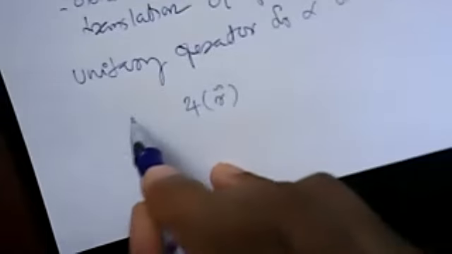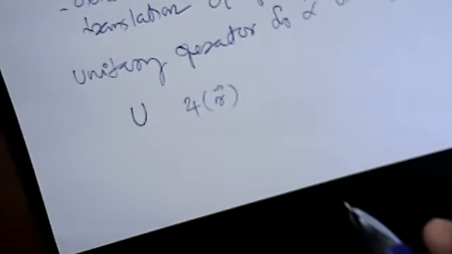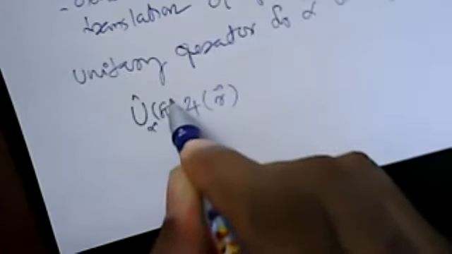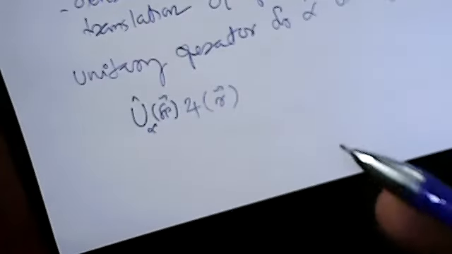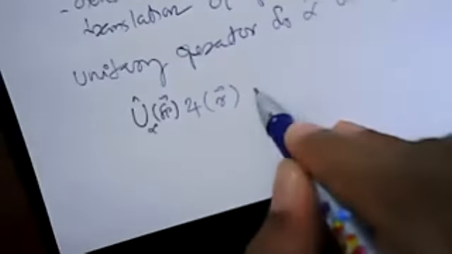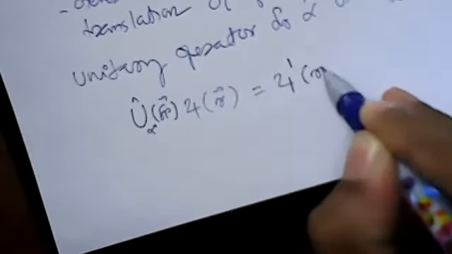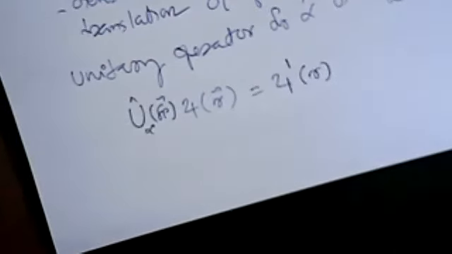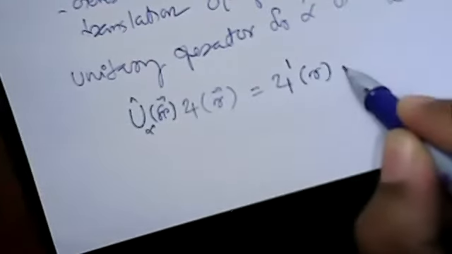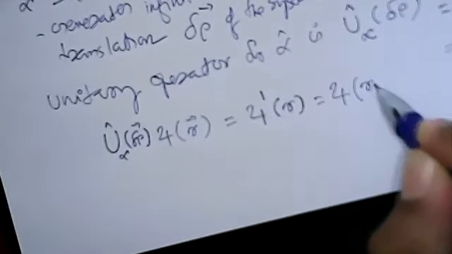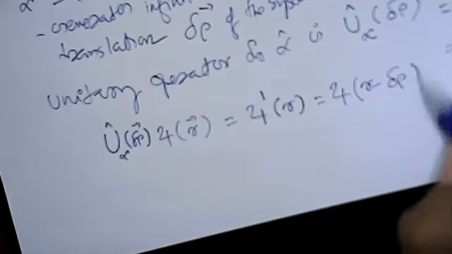Then U alpha delta rho acting on psi of R gives the new wave function, psi dash of R, which is psi of the final position, that is r minus delta rho.